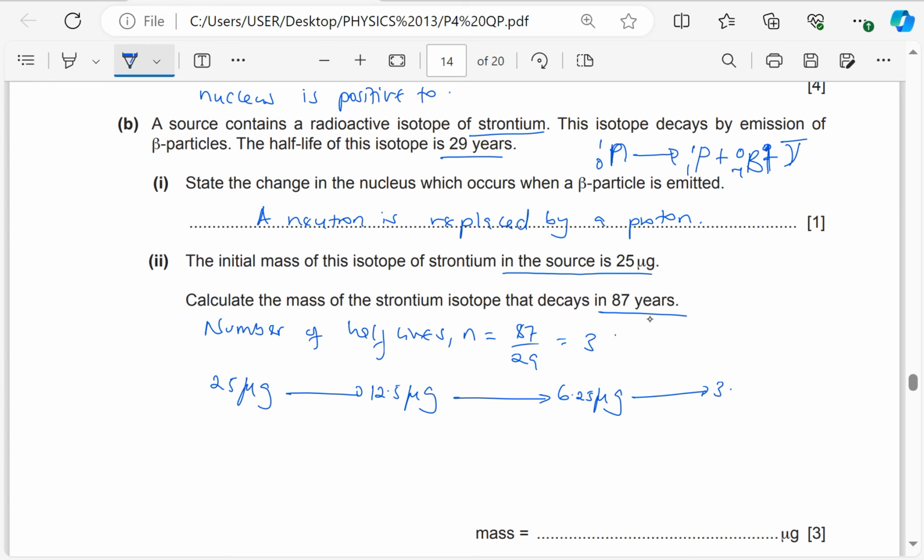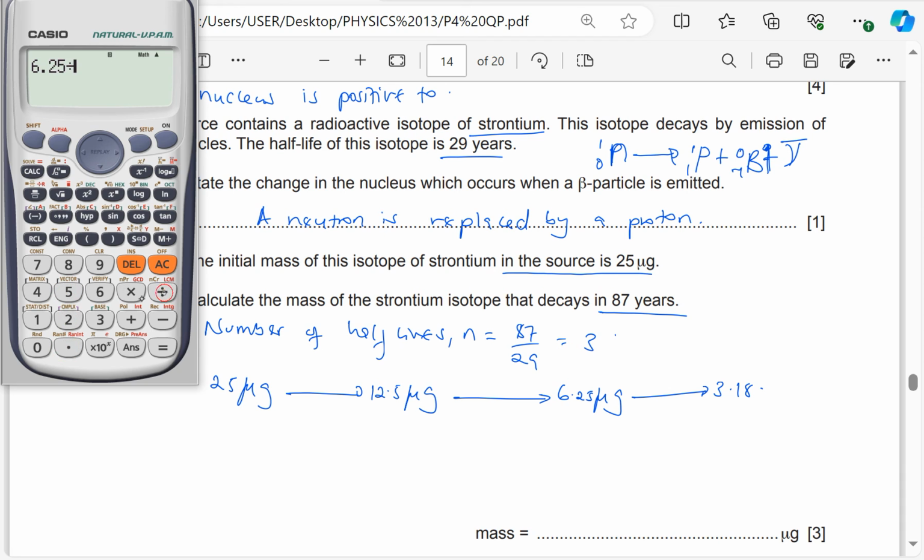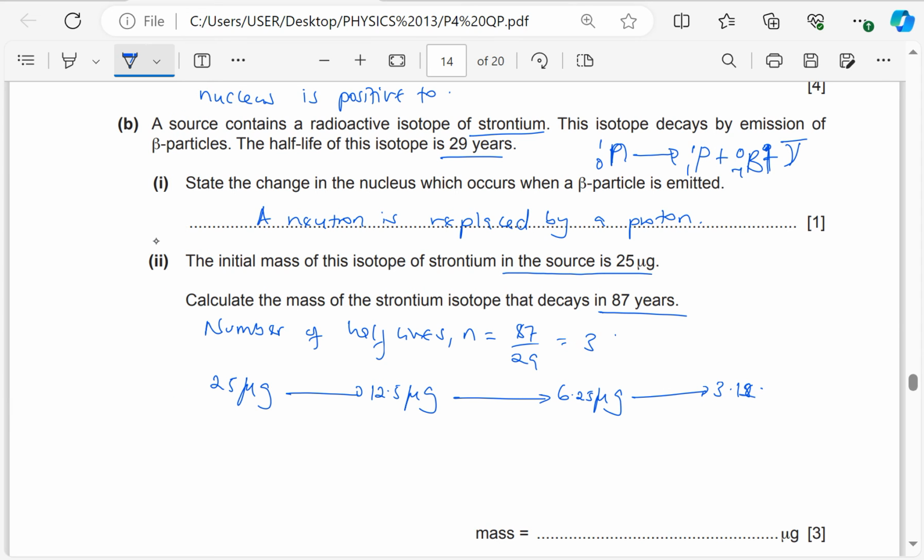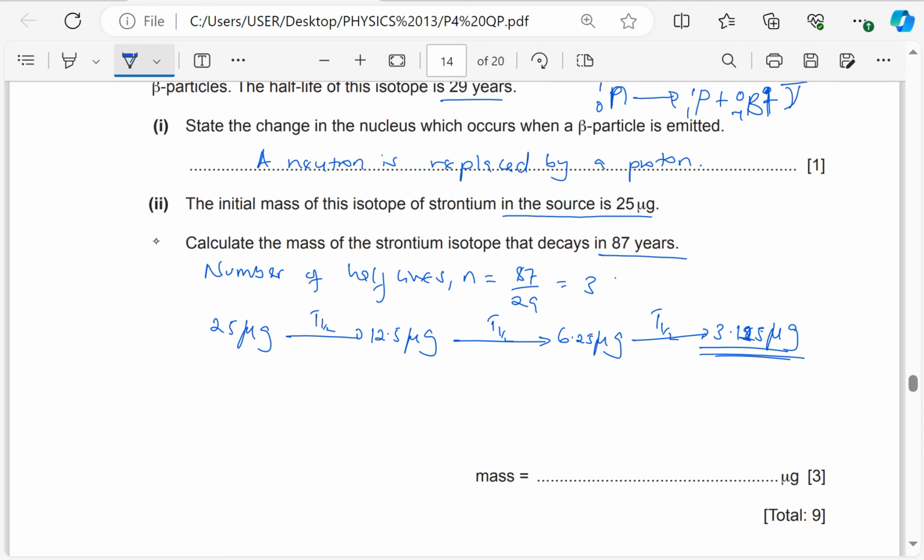That will be 3.125 micrograms. So there are 3 half-lives, and after 3 half-lives the mass remaining is that. Now to find the mass of the strontium isotope that decays, the mass decayed.